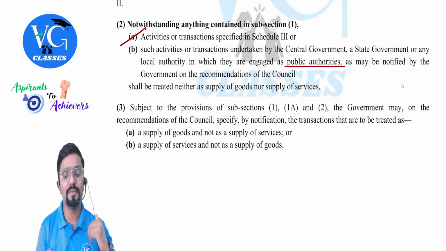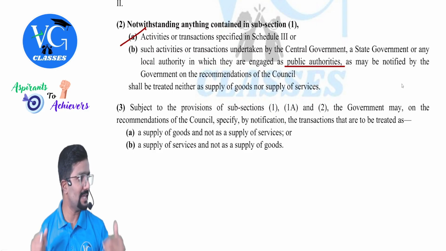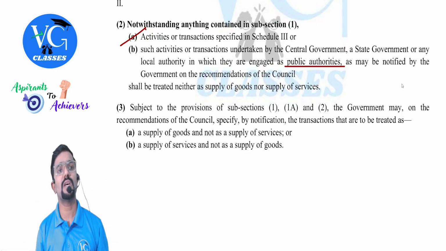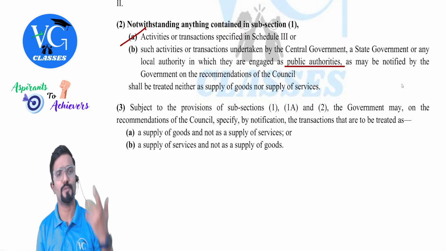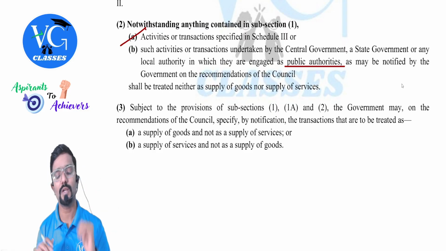So whatever is given in A and B, both are neither the supply of goods nor the supply of services. As of now, what we have covered is only A. Sir, what about B? Which are those services notified by the government as not a supply of goods or services? They have notified two kinds of services only, not goods. What are those? We will see.